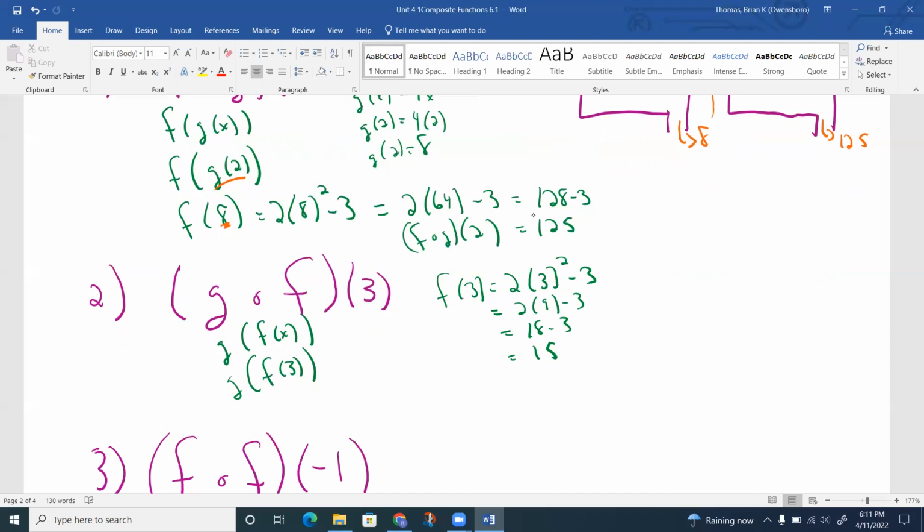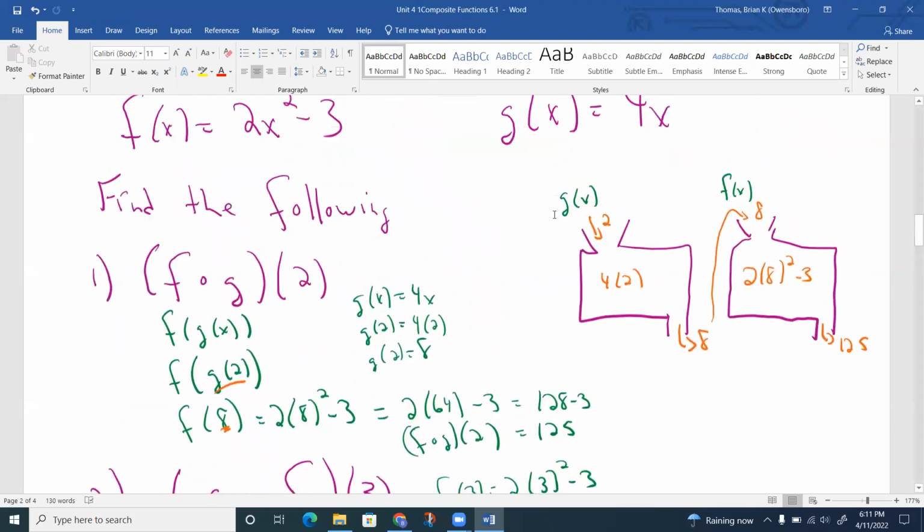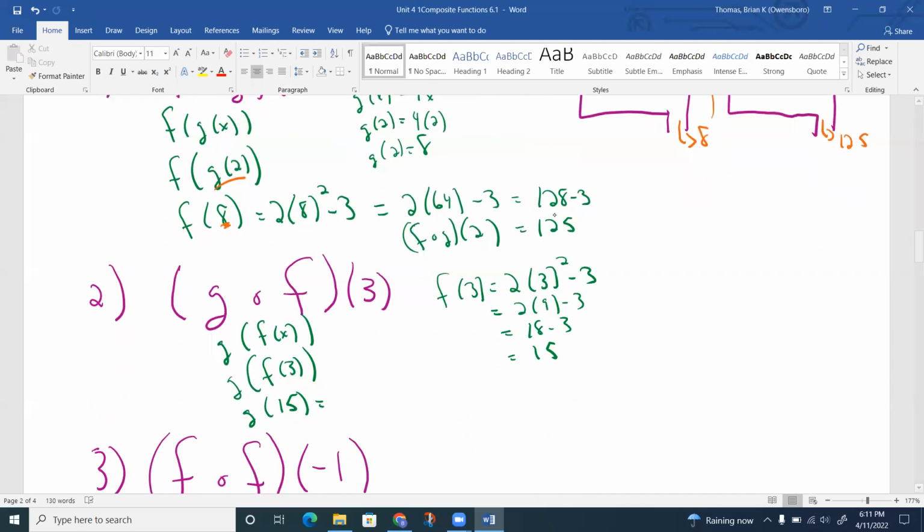So this turns into g of 15. Now the 15 has to go in for x in the g of x function. So it's going to be 4 times 15, which turns into 60. So g of f of 3 is going to equal 60 as an answer.